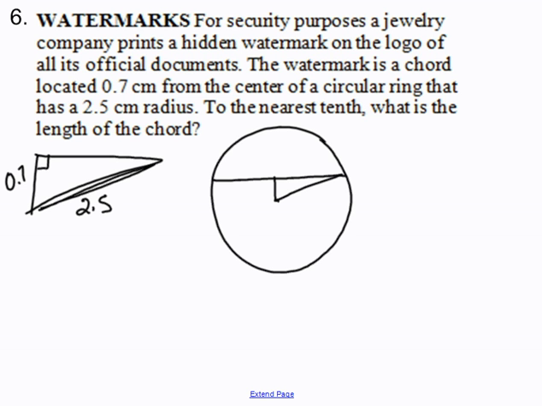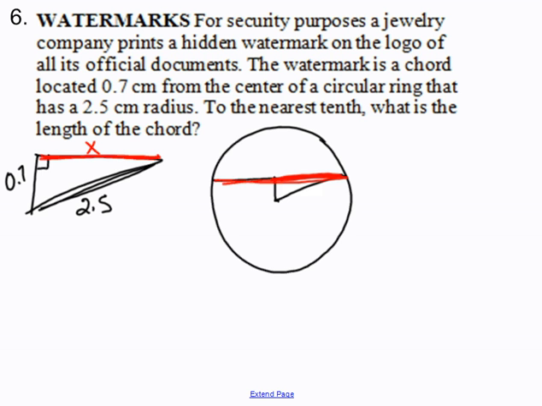And they want us to figure out what the length of the chord is. Well, the length of the chord is this whole thing, but if I figure out this part of it, I can double it and get the whole thing, right?